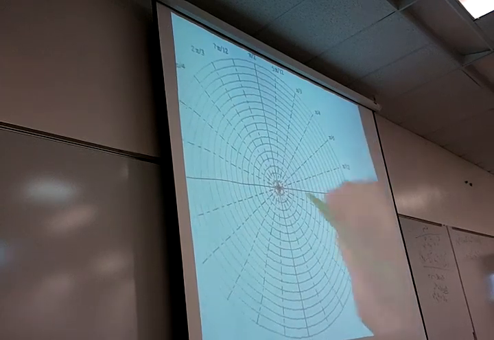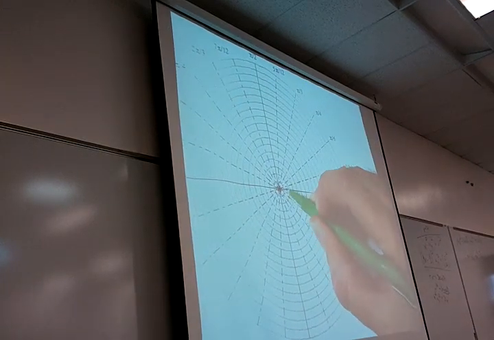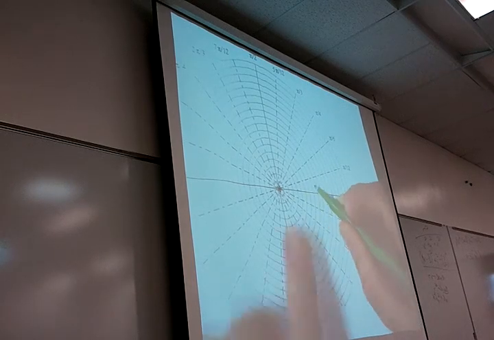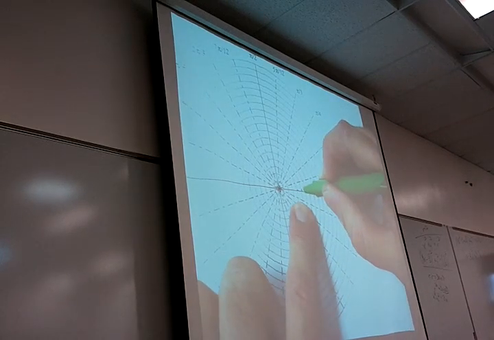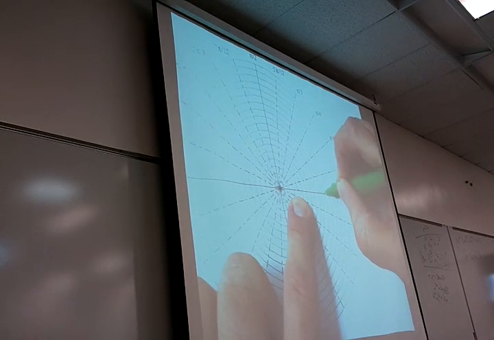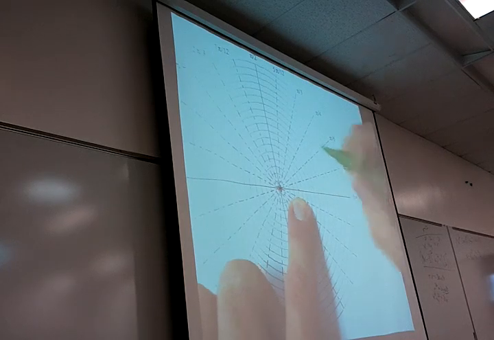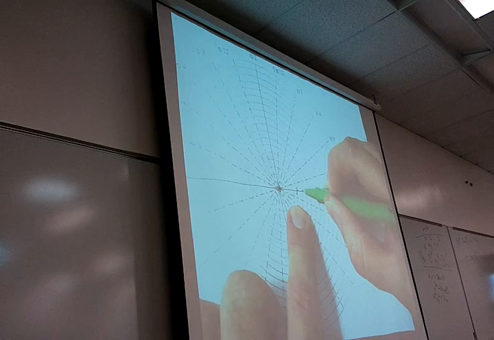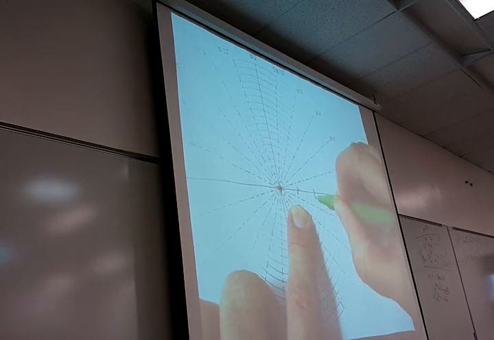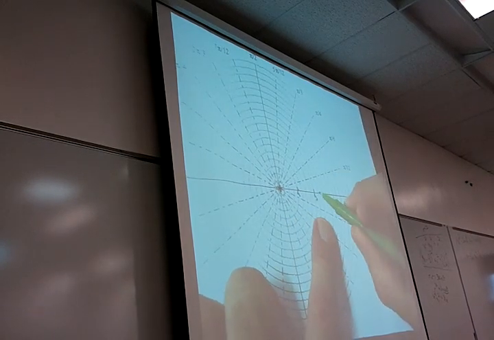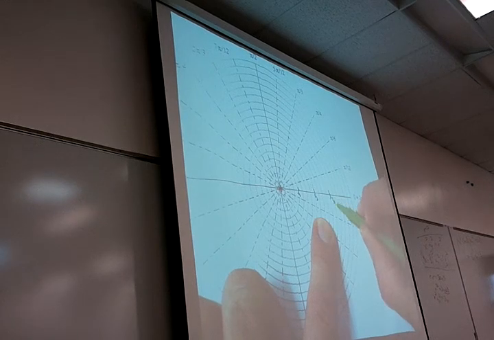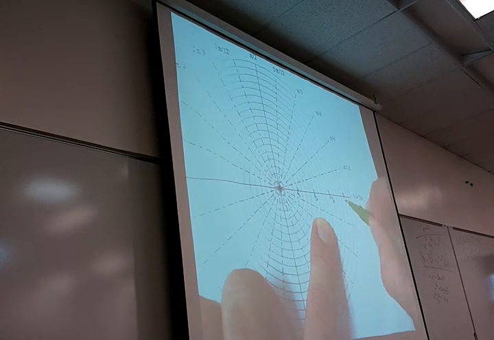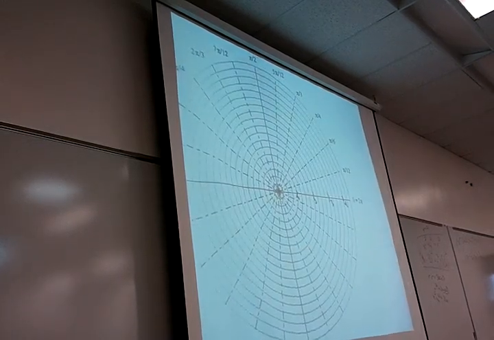Let's set up a scale first. Let me see if I can set my scale smart here. 1, 2, 3, 4. Do I have enough room for 5? Looks like no. So I'll go with 4. 1, 2, 3, 4 is 1. 1, 2, 3, 4 is 2. 1, 2, 3, 4 is 3. 1, 2, 3, 4 is 4. All right, that was exciting.